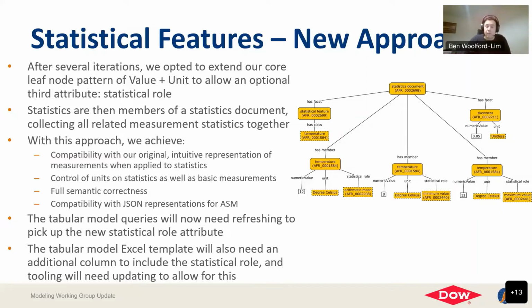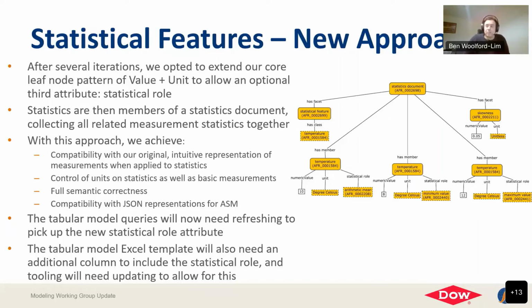Because we're now representing it as a temperature with a value in unit, a pressure with a value in unit, we can now retain control of those units as well. So we can again say that an average temperature still has to have units of degrees Celsius or Kelvin, an average pressure has to have units of pascals or whatever. It still maintains our full semantic correctness, just as the previous approach did, and it's also entirely compatible with JSON representations for ASM.